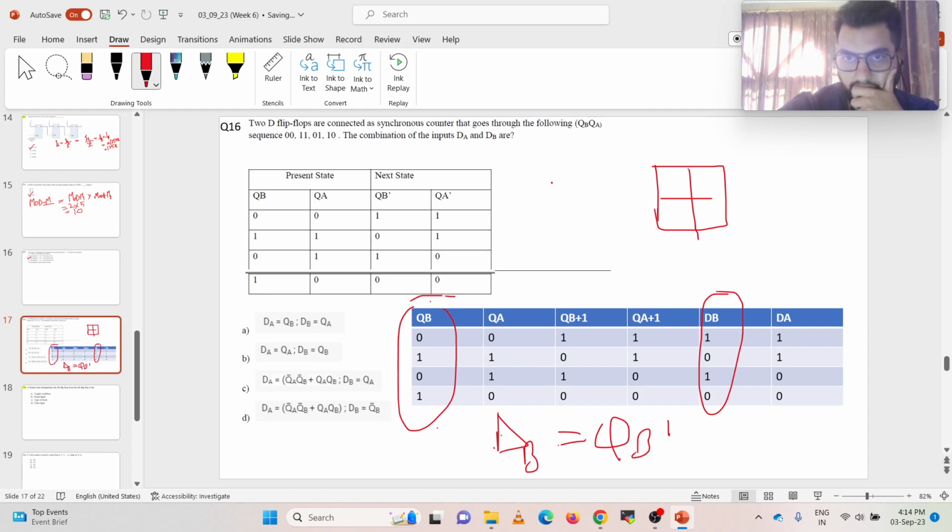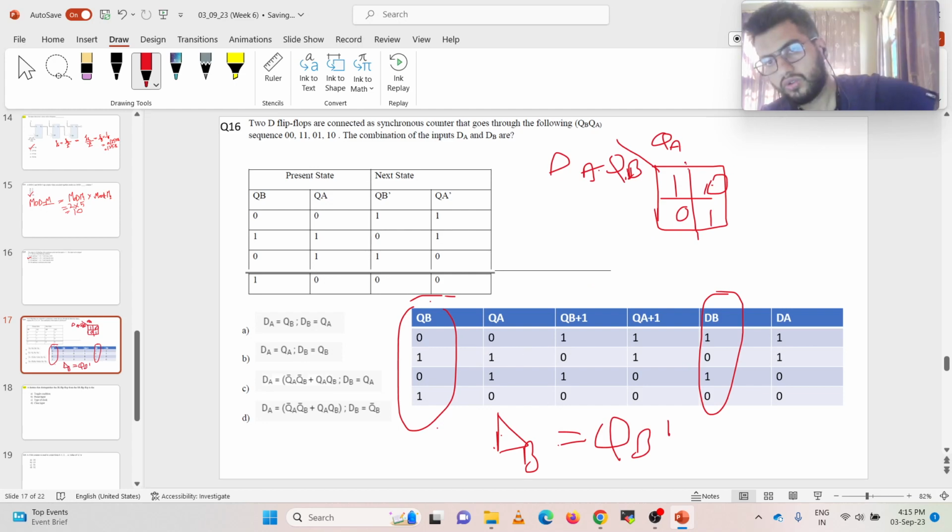Now I have DA. For that I'll take help of this K-map. So here I'll write QB and here I'll write QA. So this is 1 0, 1 0, 1 0, 0 0 0 1. Then I will write the 1s.